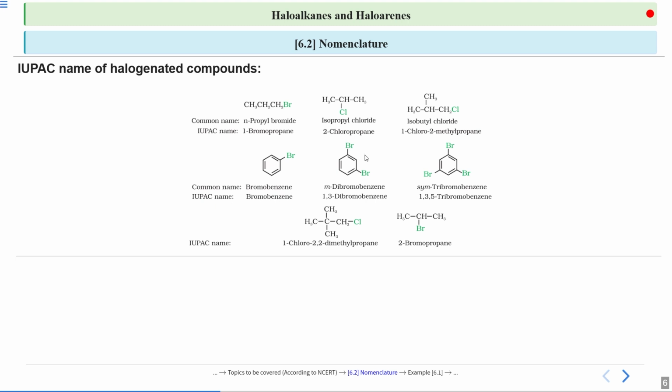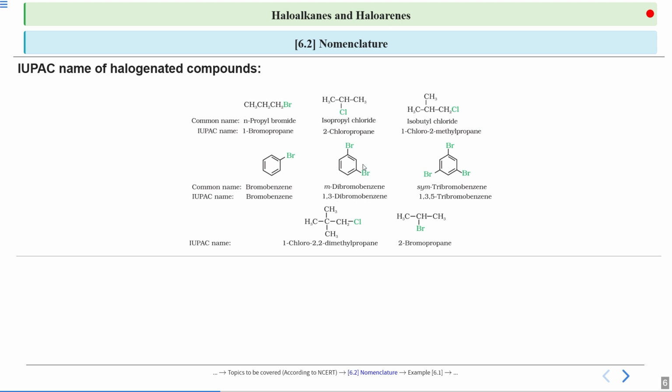Okay. For the second structure, we have 2 bromines present at different positions. You can say at the first carbon we have bromine, at the third carbon we have bromine, right? So the common name of this is meta-dibromobenzene. Meta-dibromo means that this position, which is the third position of the benzene, is classified differently as the meta position.